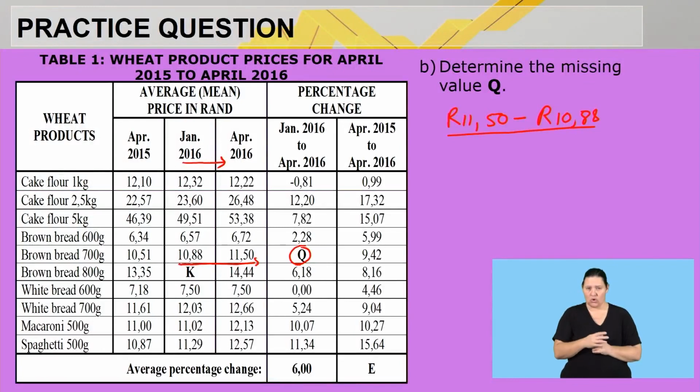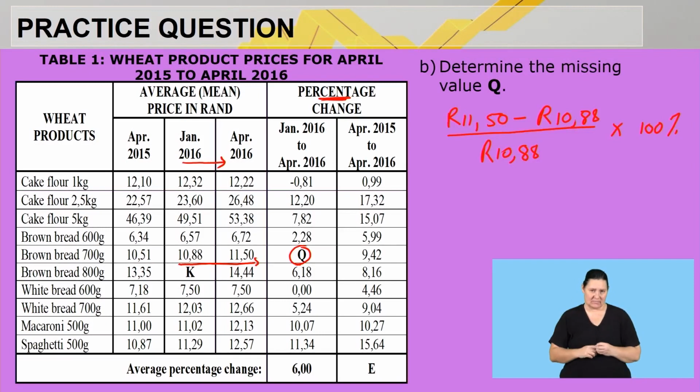Looking at this, the average mean price in rand for brown bread, 700 gram, used to be 10 rand and 88 cents in January 2016. And remember, since you want a percentage, it says here percentage change, we will multiply by 100, and that's our unit there.